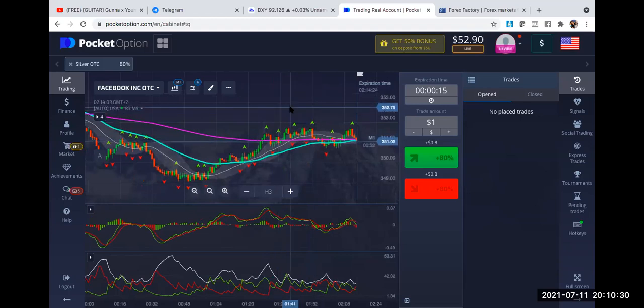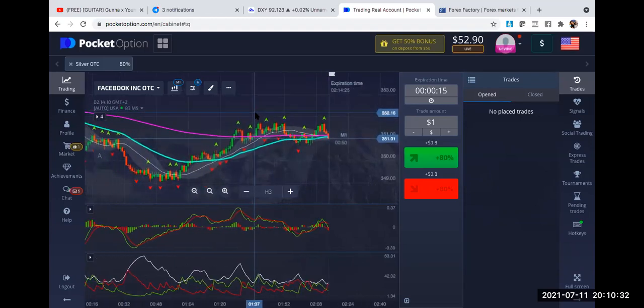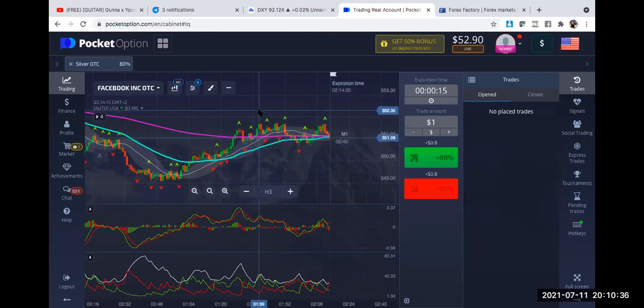So it's a little less to look at when it is time to trade binary, especially with a lot of the pairs that are OTC, or a lot of the pairs that are stocks or whatever the case may be.